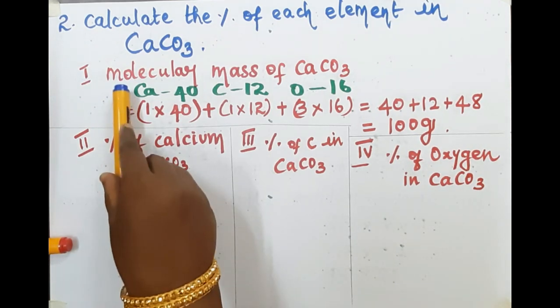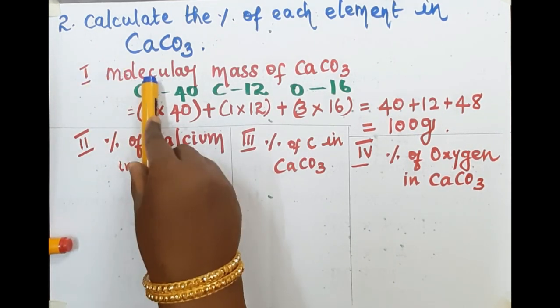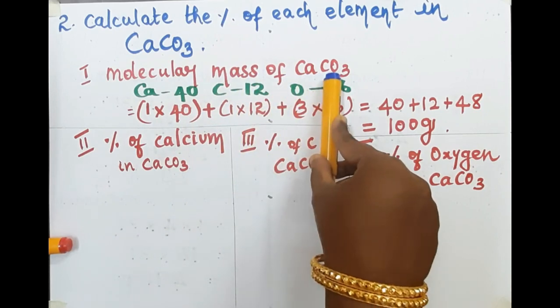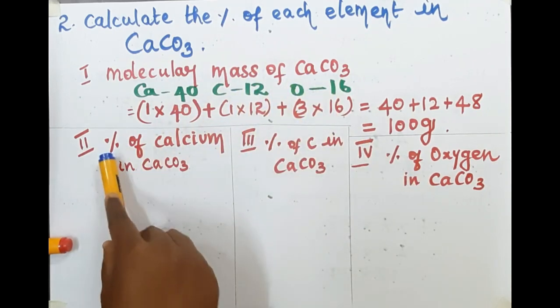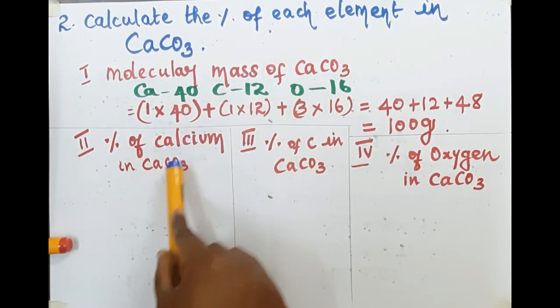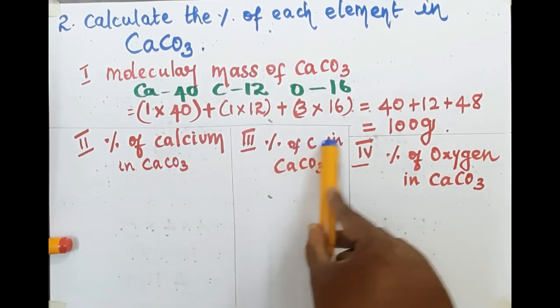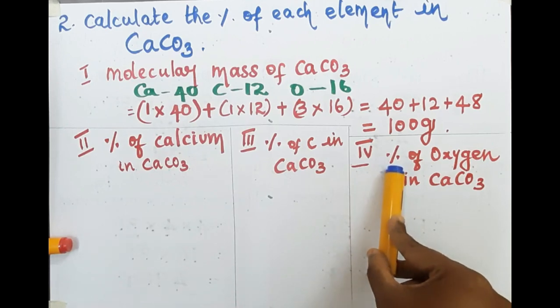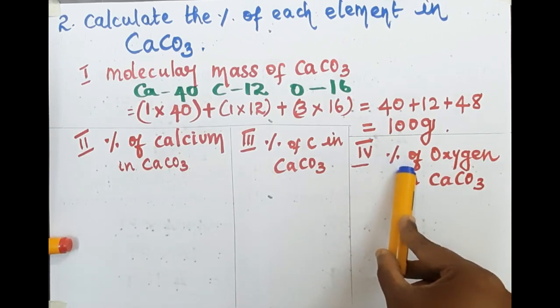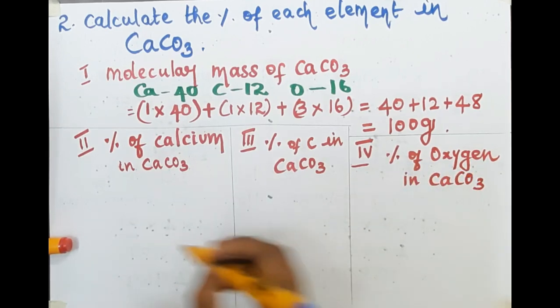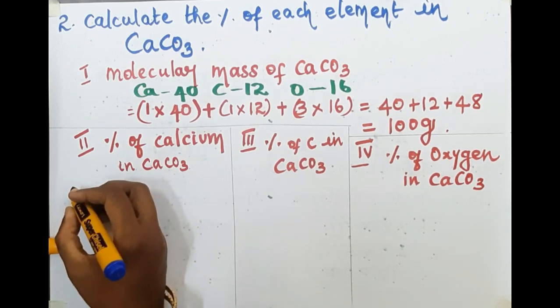Let me repeat it, children. First step is to calculate the molecular mass of CaCO3. Second step is to calculate the percentage of calcium in CaCO3. Third step is the calculation of percentage of carbon in CaCO3. Fourth step is the calculation of the percentage of oxygen in CaCO3. So how to calculate the percentage?